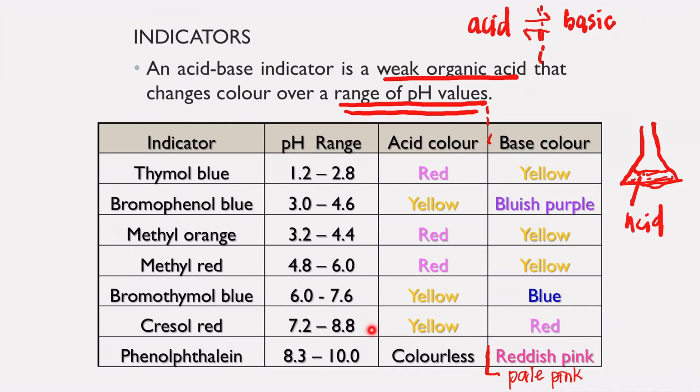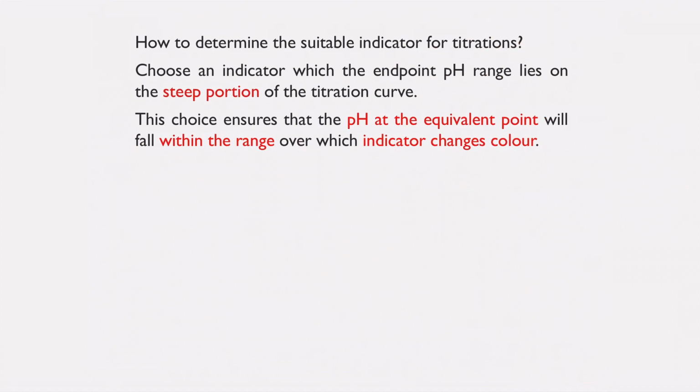Alright. So, awak ada different pH ranges ni kan? So, that means awak kena pilih nanti awak punya indicator based on this pH range. Okay, right. So how to determine the suitable indicator for your titration? You are going to choose an indicator which the endpoint pH lies on the steep portion of the titration curve.